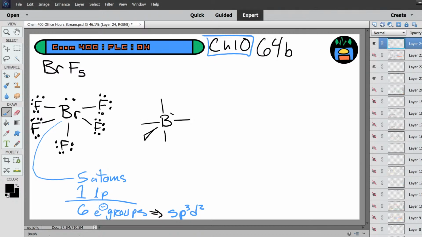You can draw 4 things in the plane, 1 wedge and 1 dash. But because one of these things is a lone pair, we don't have to draw that in. And I think this is going to be the easiest structure to base the 3-dimensional representation of the bonds off of.